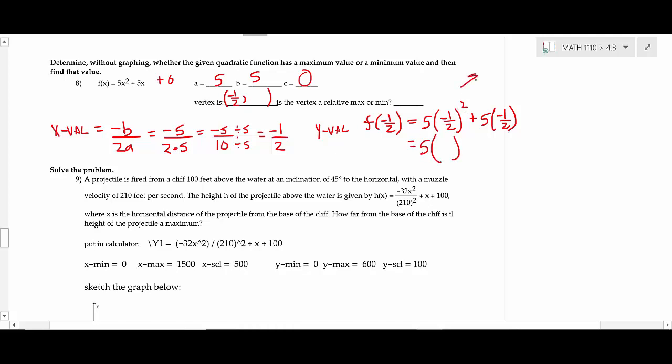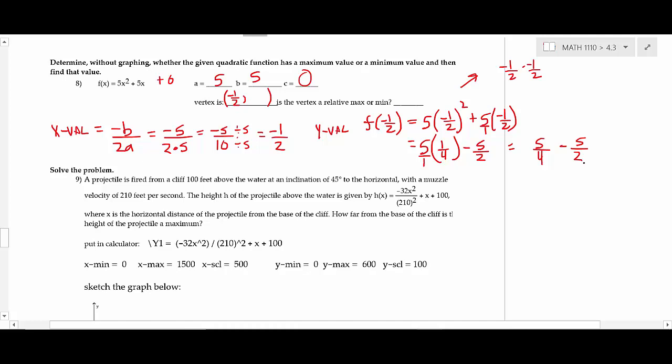If you square negative 1/2, what is that going to be? Positive 1/4, right? Because you're just multiplying fractions straight across. So that's going to be positive 1/4. You go to the next one. That's going to be minus 5 over 2, like that. So when you multiply this straight across, you'll have 5 over 4 minus 5 over 2. Well, what do you got to do?